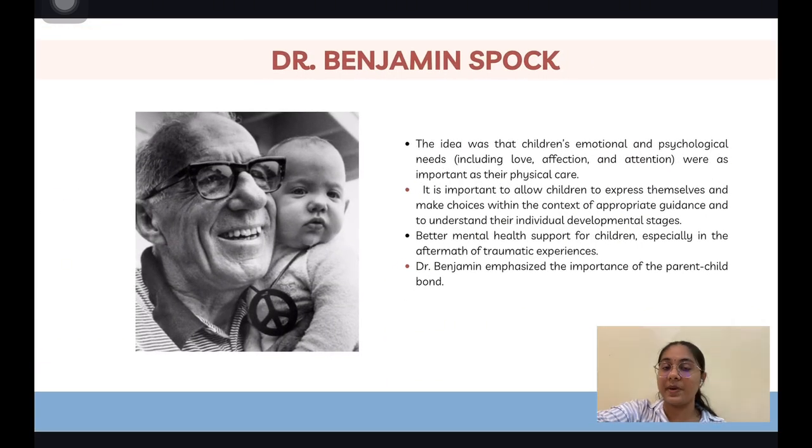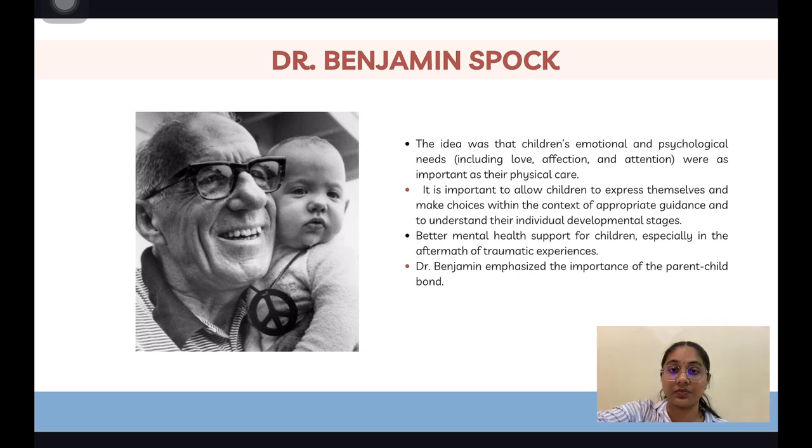Now, a specialist in pediatric field that I look up to is Dr. Benjamin Spock. He emphasized the idea that children's emotional and psychological needs were as important as their physical care. The importance of allowing children to express themselves and make choices within the context of appropriate guidance, as well as understanding their individual developmental stages.